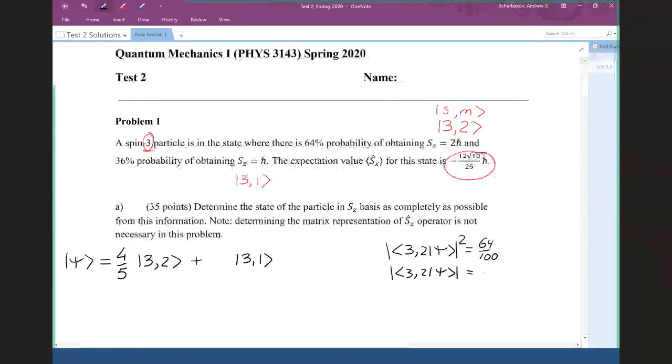Square root of that is just 8 over 10, which is just 4 over 5. Okay, and that's what I place next to 3,2.